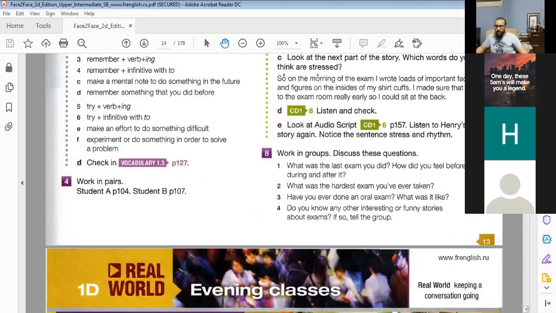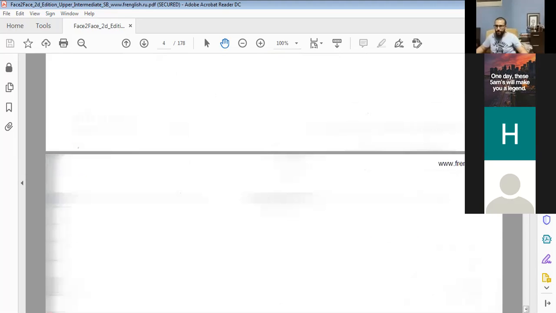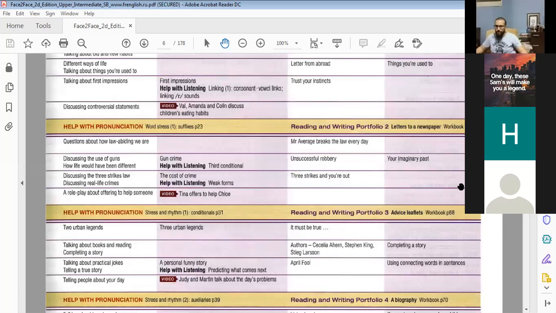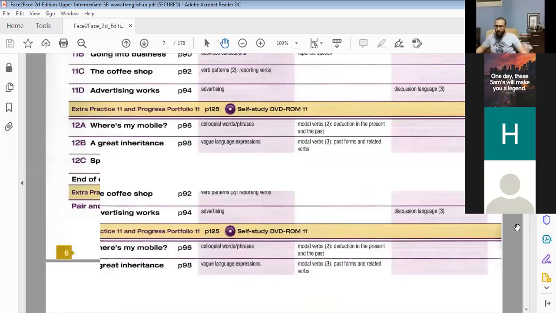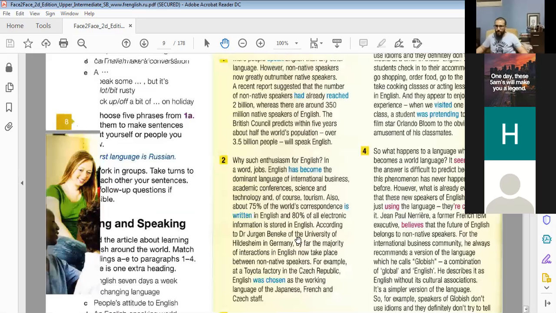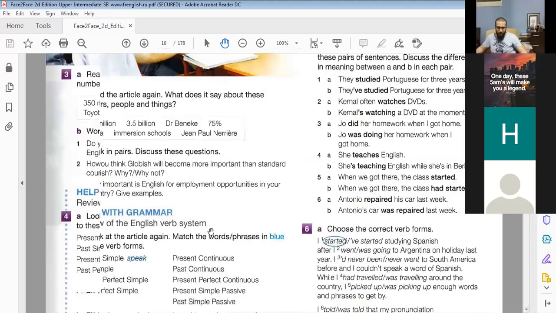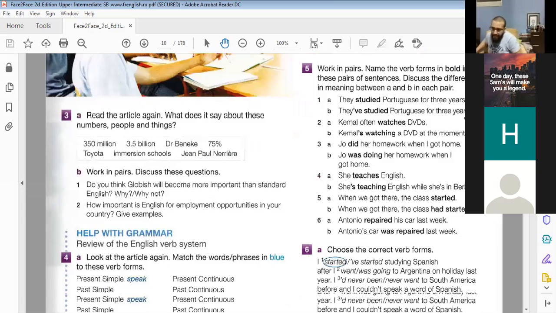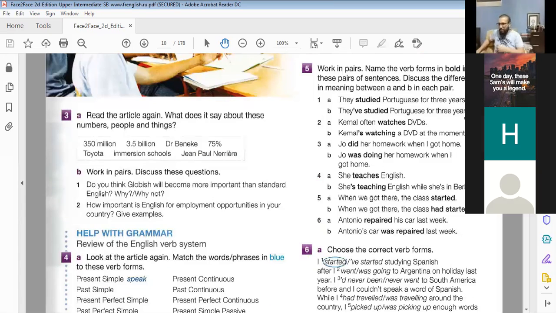Okay, so this means we can go back and do more exercises. Let's take a look at our next exercise. All right, here we are. Exercise number 5. It says here, work in pairs, name the verb form in bold in these pairs of sentences, and discuss the difference in meaning between A and B in each pair.